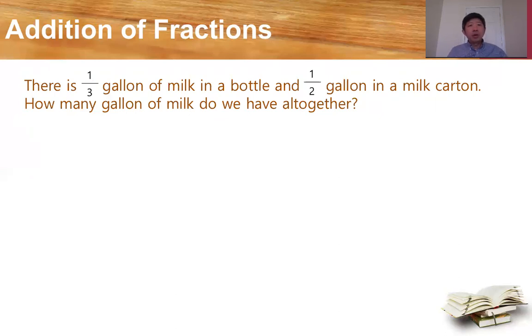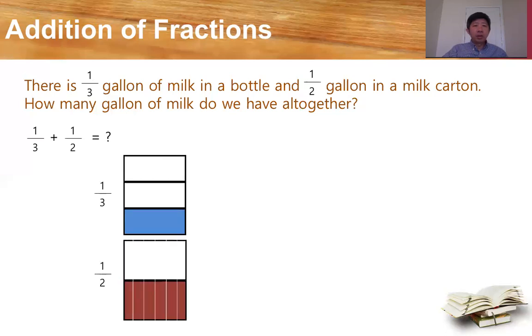There is 1/3 gallon of milk in a bottle and 1/2 gallon in a milk carton. And how many gallons of milk do we have altogether, right? Altogether. So this, 1/3 plus 1/2 equal how many? This is a mathematical sentence.